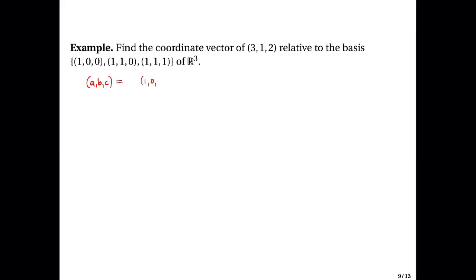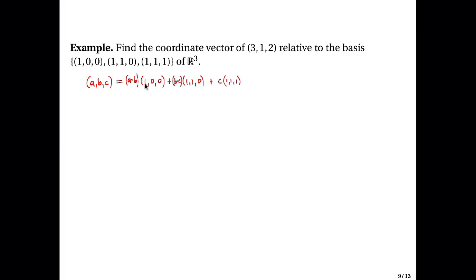So 1, 0, 0 plus 1, 1, 0 plus, the third you have your 1, 1, 1. For the second, you have b minus c. And then for the first here, you have a minus b. If I remember, I think this is the formula.